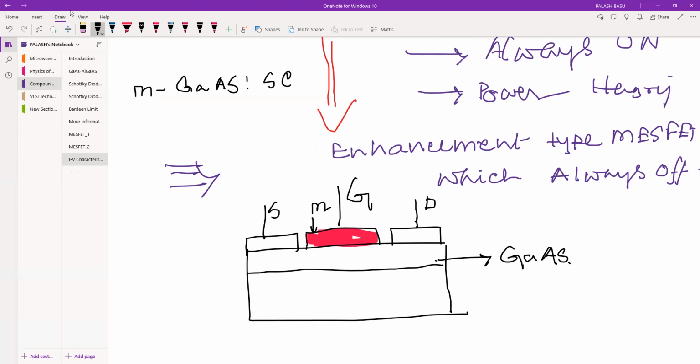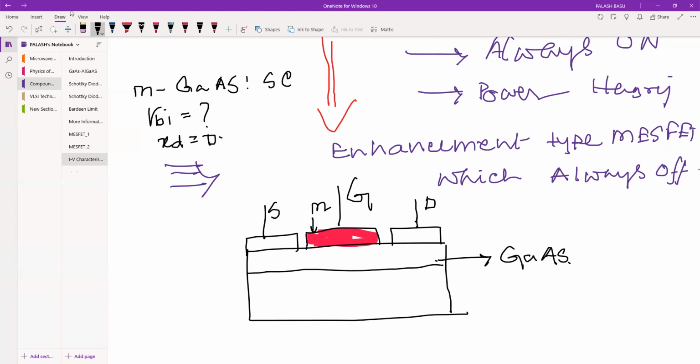If you know these things, you can calculate what my VBI is. If you know the metal work function and the gallium arsenide electron affinity, you can approximately calculate the built-in potential VBI.